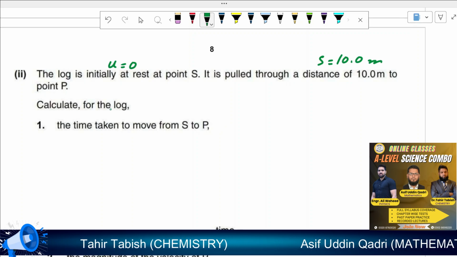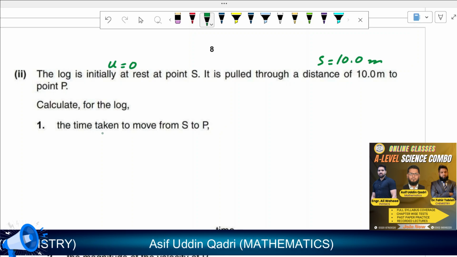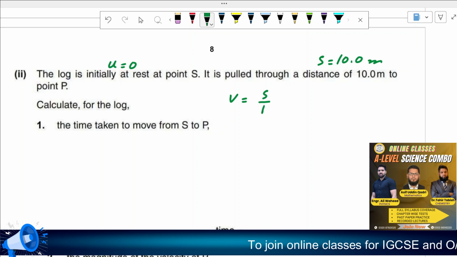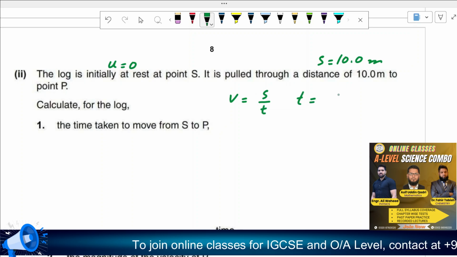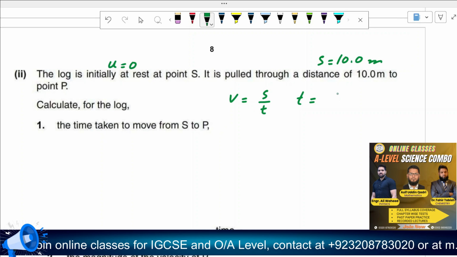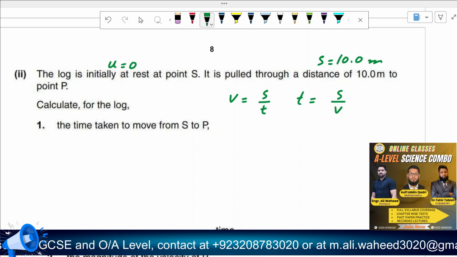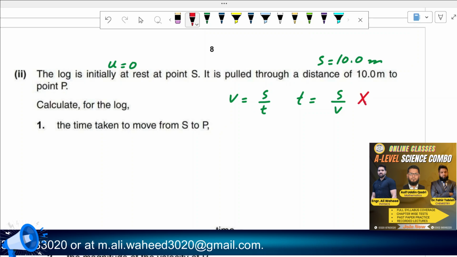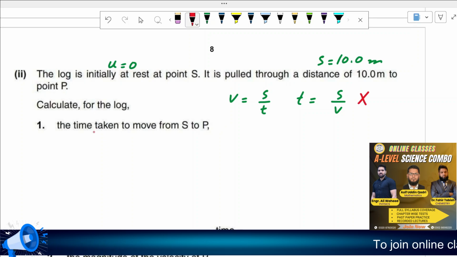Calculate for the log the time taken to move from S to P. So velocity equals displacement over time, and then time equals S over V. We can absolutely not use this expression. Why? Because the system is not moving with a uniform velocity, rather it is accelerating. Whenever the object is accelerating, we can never use this expression.